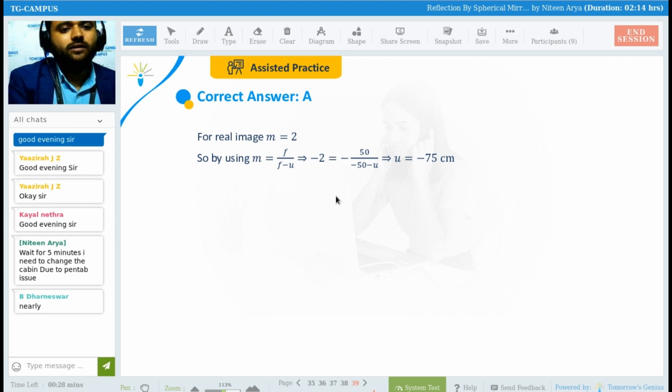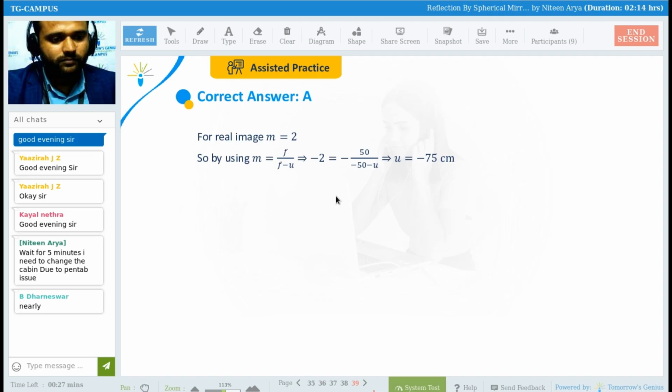A is the correct answer. For real image, magnification is 2, using M equals to F upon F minus U equals to minus 2. You have everything and you need to find U. Okay. Is this clear everyone? How you need to do that?